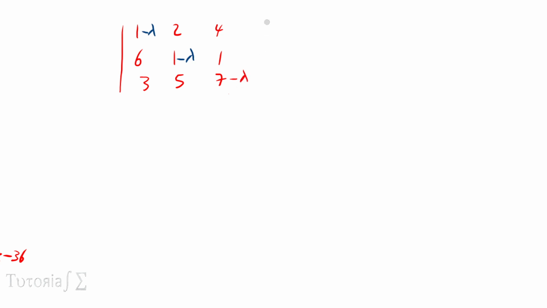Then we'll find the determinant, then equate the determinant to 0. Are you seeing that? Yes. Then when we simplify, this will be a polynomial of 3 degrees.